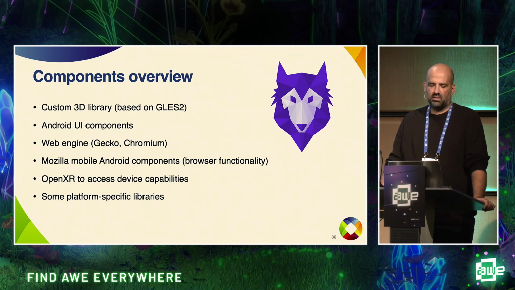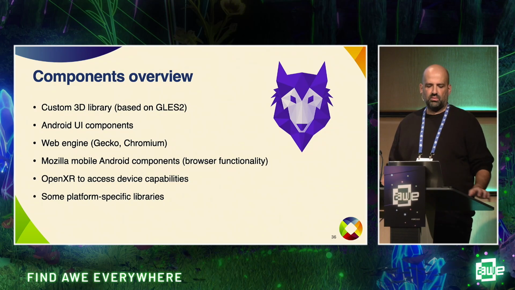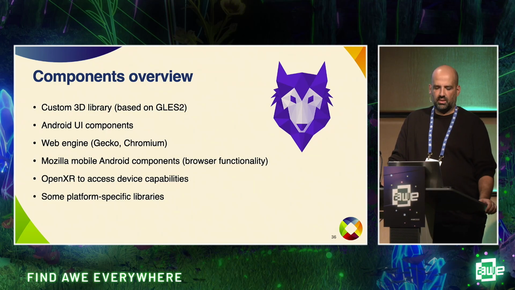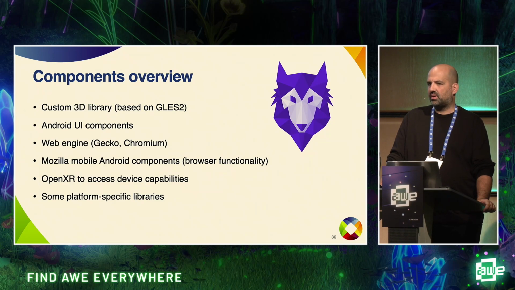So things like bookmarks management, or things like how to decide which search engine you are going to use, are implemented by using some of these components. Then we talk with the OpenXR driver in the device.